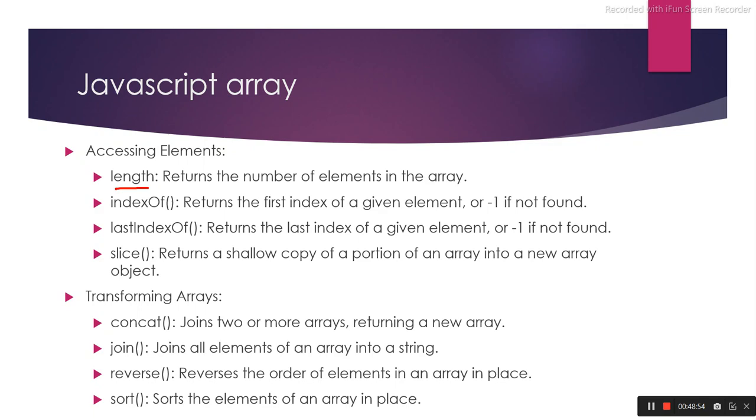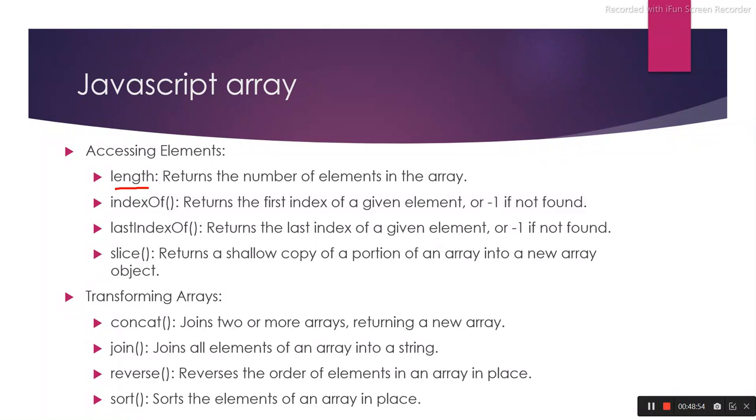Then lastIndexOf, just like what we discussed in string. Then slice will cut some portion of the array. Then concat joins arrays and returns a new array, and join will put the elements into one string.